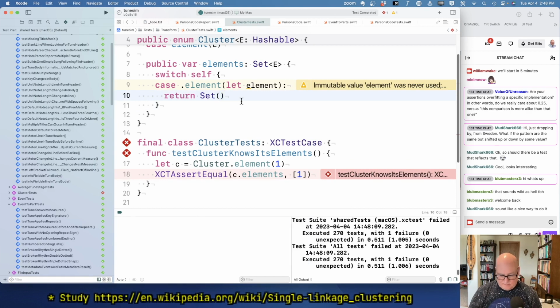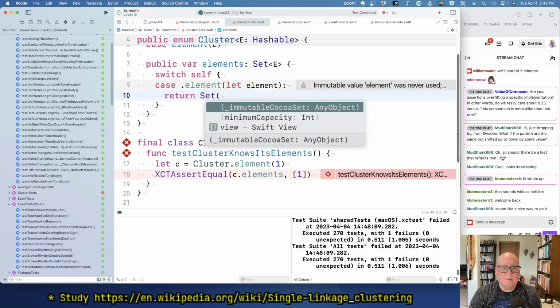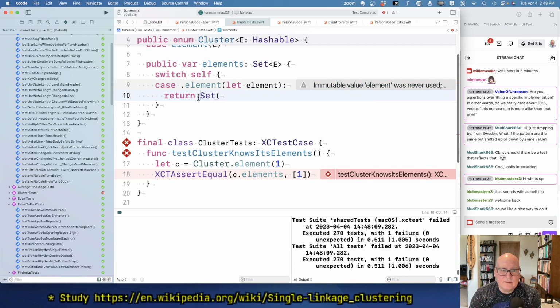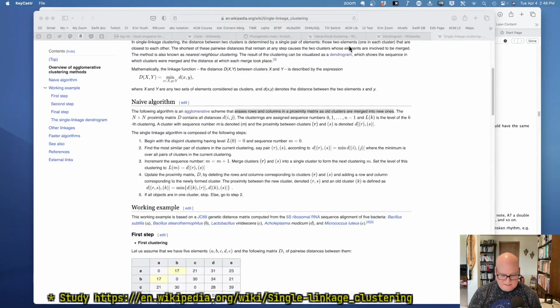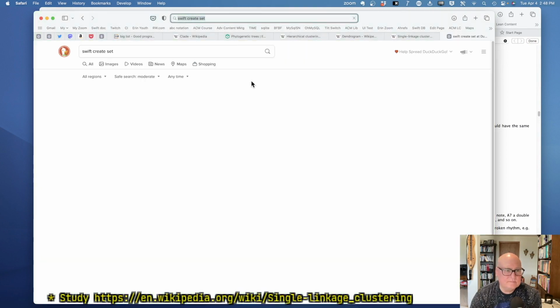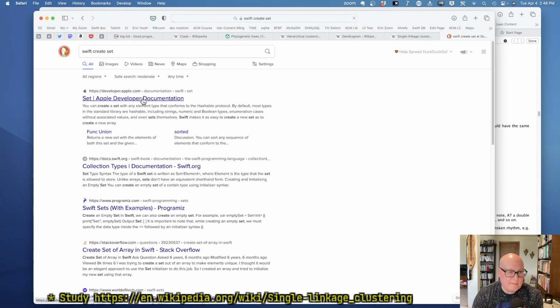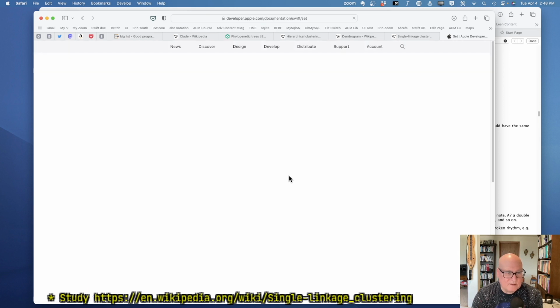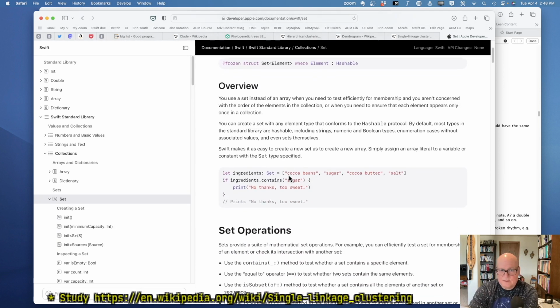Now, I don't remember set constructors. Immutable Cocoa set, minimum capacity. Oh, there's a way to create sets. I thought it had a constructor that would take collections or sequences or something.